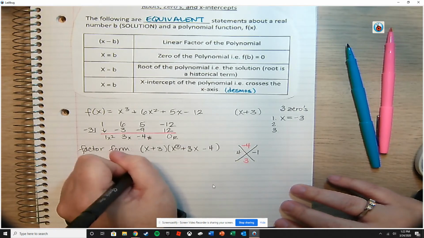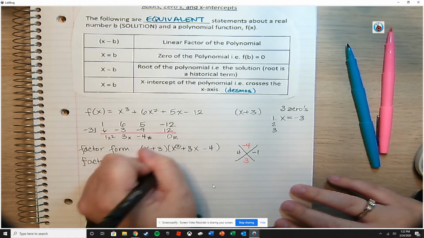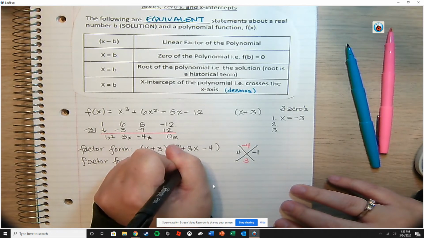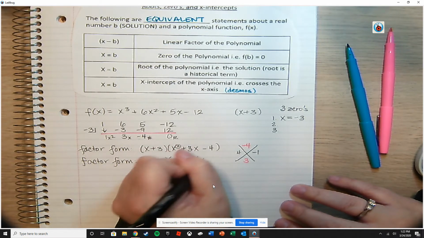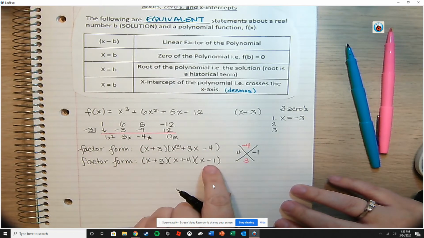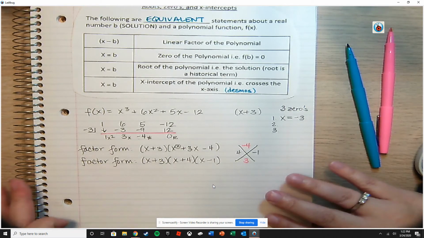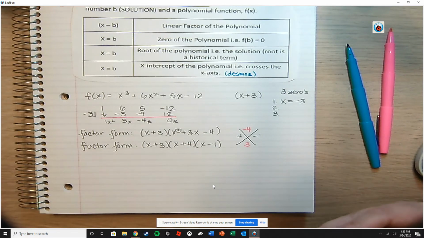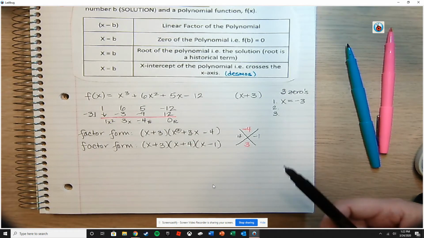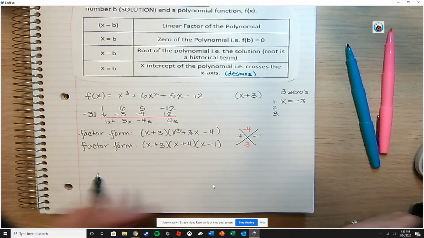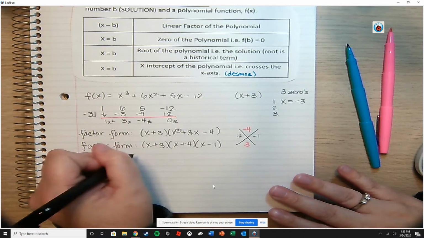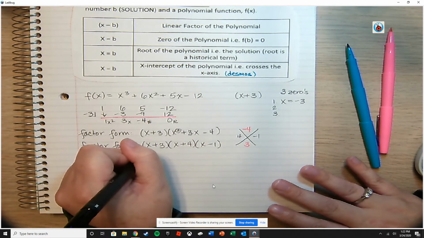I'm going to bring down x plus 3, x plus 4, and x minus 1. Once it's been completely factored, my zeros come about very easily. They're the opposites. Actually, I take each piece and solve it for 0, but you don't have to do that because it's always the opposite. But let me show you what I'm talking about.